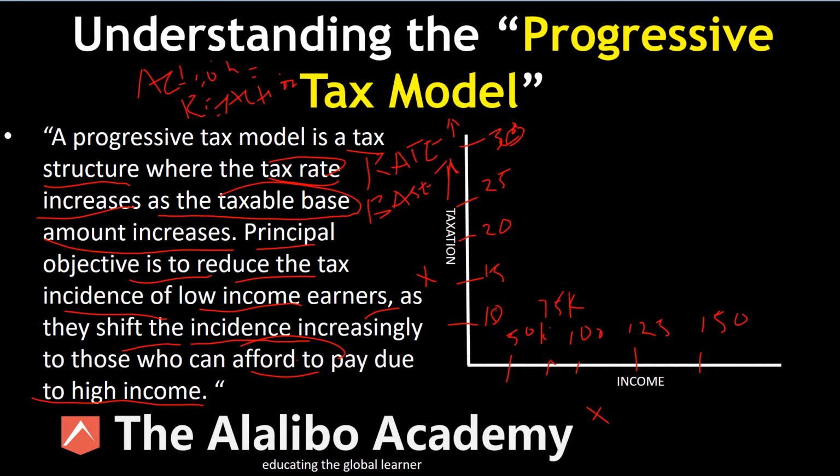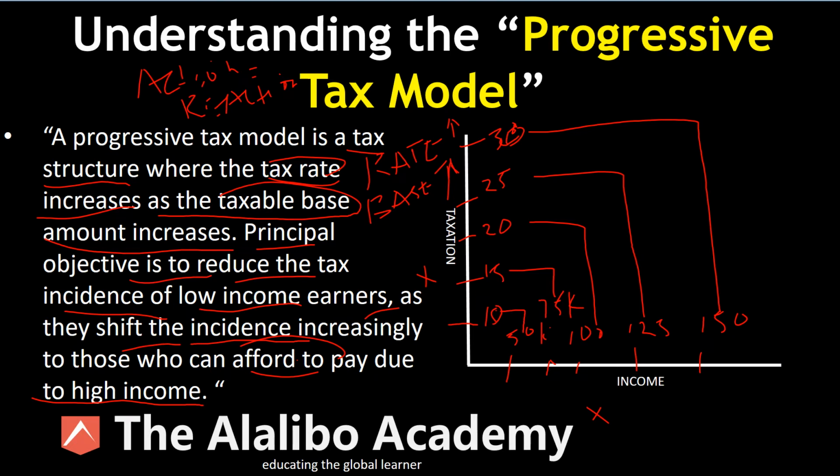All right. So the idea then is, as income goes up, at 50K, your tax liability is 10%. At 75K it is 15%. At 100K it is 20%. At 125K it is 25%. At 150K it is 30%.